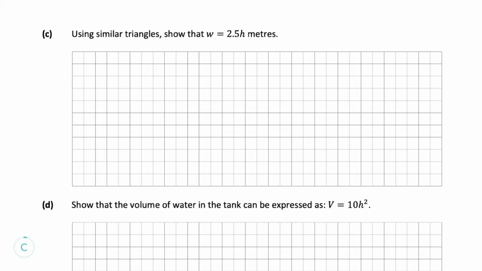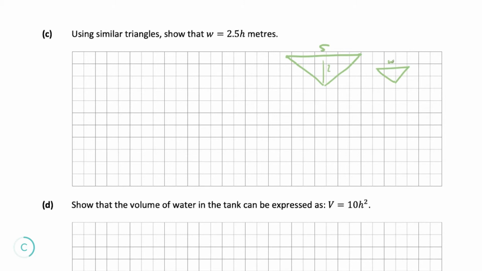Now moving on to part C. It says that using similar triangles, show that w is equal to 2.5h meters. If we draw out the two triangles, we have the bigger one, the entire duct, and then the smaller one, just the water. On the bigger one, we know that this is 5 and that this is 2.